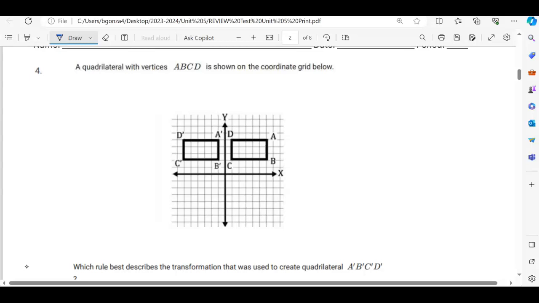Okay, well, this is an error on number 4. If you can rewrite these letters, this is supposed to be A, this is supposed to be B, this is supposed to be C, this is supposed to be D. Okay.